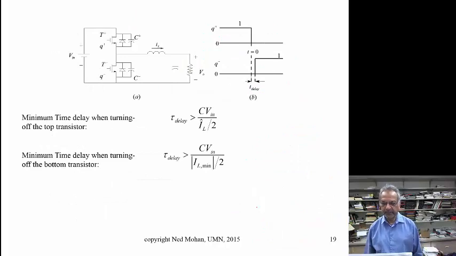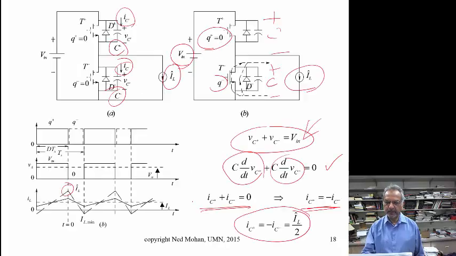So we have to ensure that you have sufficient delay time so that the top capacitor, which is being turned off, gets charged, and the bottom capacitor, which was initially equal to the input voltage, is discharged and goes to 0.